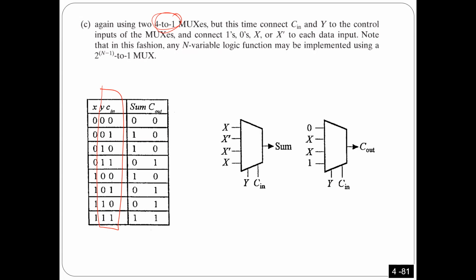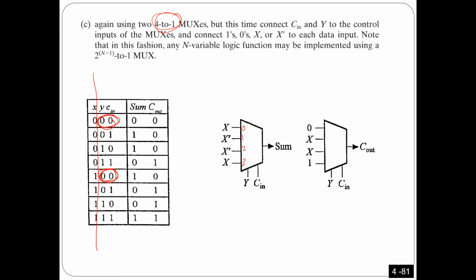Is that okay? So for example, we have inputs 0, 1, 2, and 3. If you want to connect to 0, in these 2 cases the output is connected to input number 0.